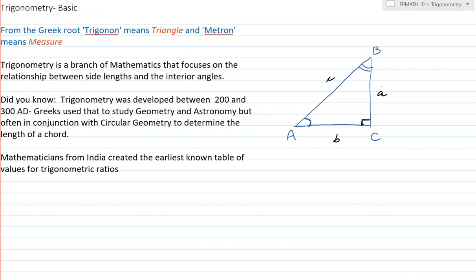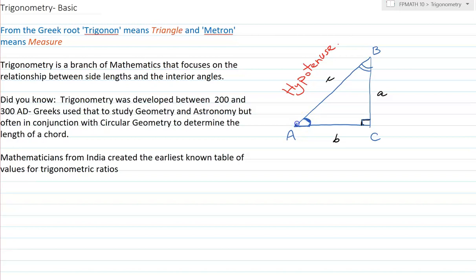So based on that, we're going to start looking at the very first trig ratio, and how the sides of a triangle relate to its interior angle. First, we need to label this triangle based on the referencing of the angles. That means that we need to choose an angle. Let's choose this angle A right here.